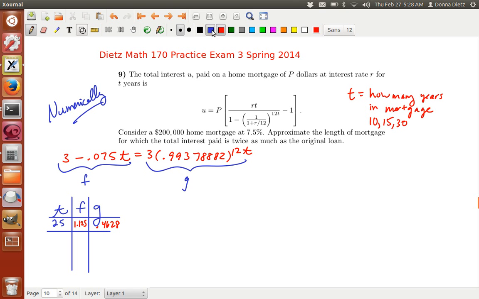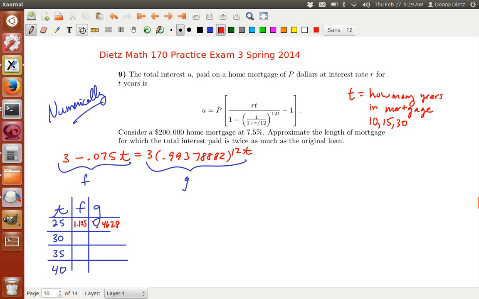If they're decreasing at about the same rate, then we're in for some trouble. Hopefully, they're not decreasing at the same rate. That 0.993 should keep it a lot more stable than the f.